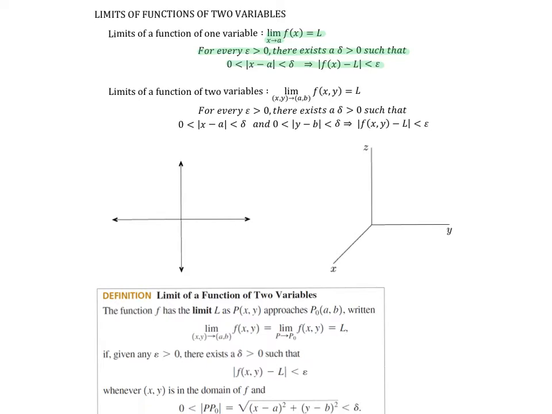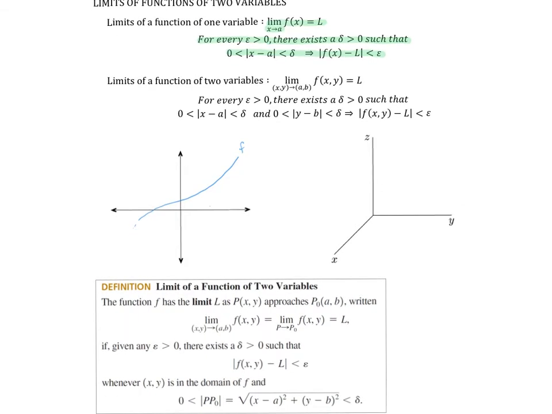Well, let me go down to this first graph, and I'm just going to graph some function f, and I'm going to pick some a value to approach.